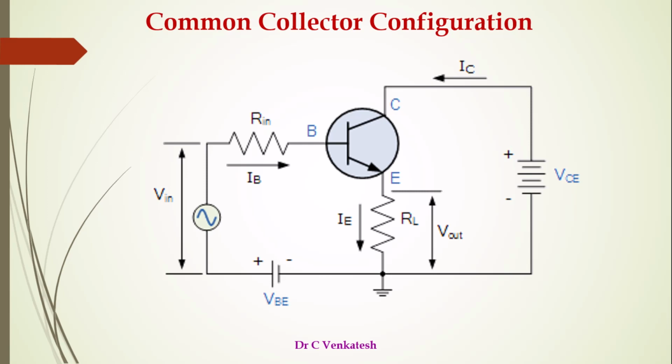This type of configuration is commonly known as a voltage follower or emitter follower circuit. The common collector or emitter follower configuration is very useful for impedance matching applications because of its very high input impedance. This type of bipolar transistor configuration is a non-inverting circuit, in that the signal voltages Vin and Vout are in phase.